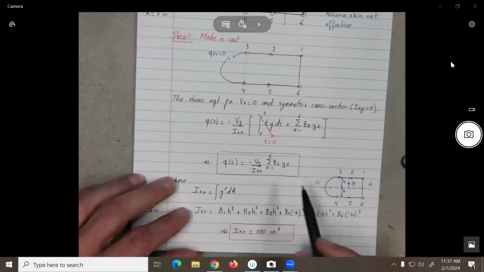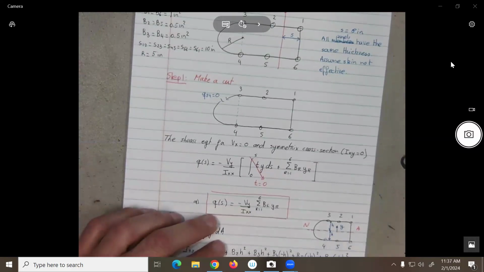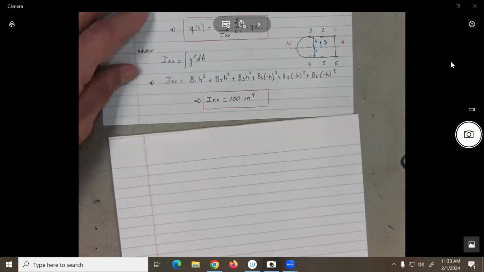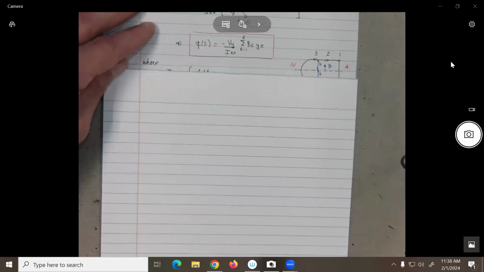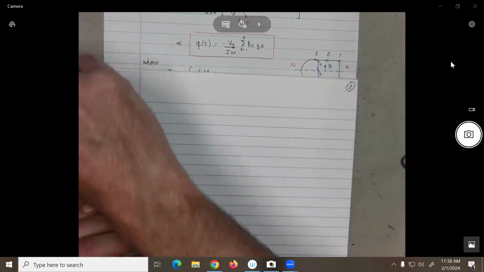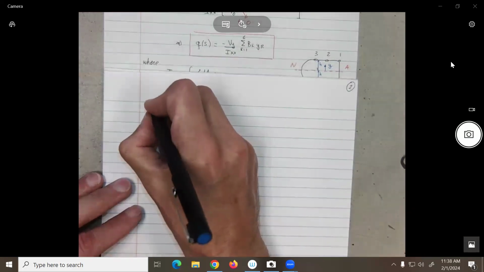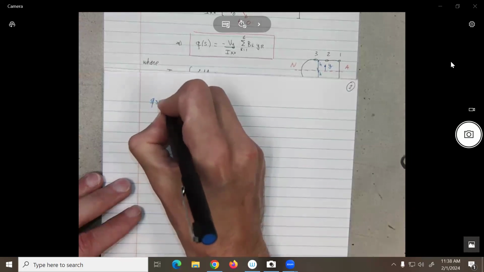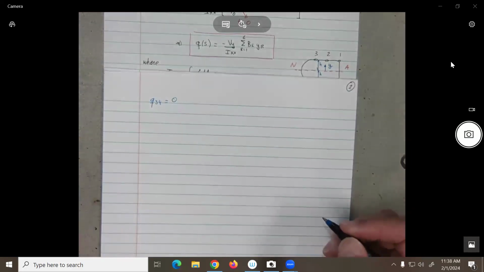Okay, so basically, let's go now to this equation. Now using here, we can go out. So let's start by Q34. We know that Q34 is equal to 0. So next we can do what?